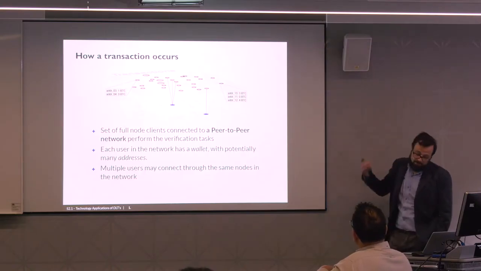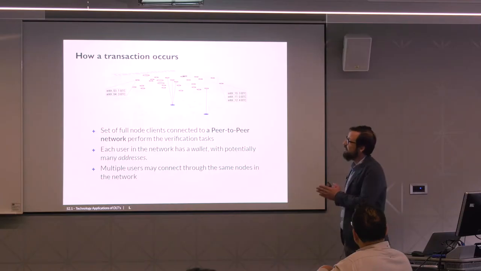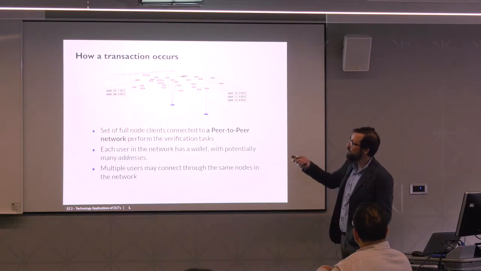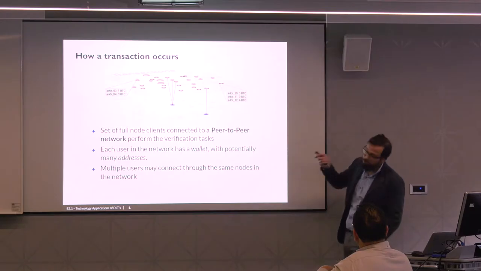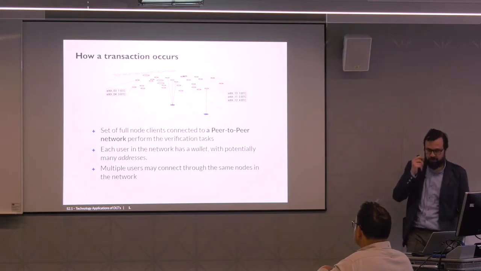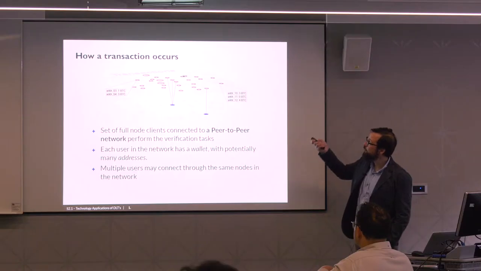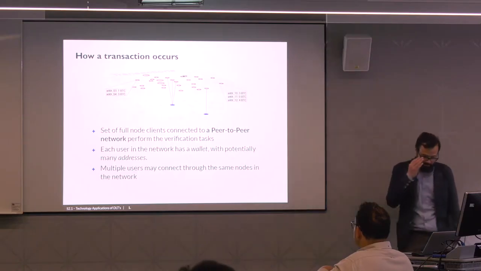This example can be whatever, a web service that provides online storage of cryptographic keys, and then multiple users connect through the same node. Some others may be just users that connect their own network to the peer-to-peer network, and this is the way in which they share information. And here it is also displayed the fact that a single user may have multiple addresses with different holdings.